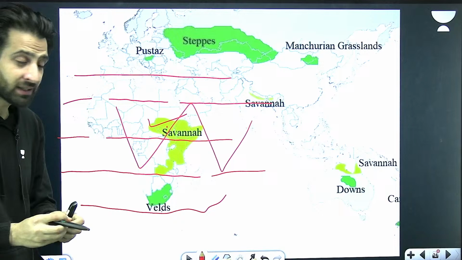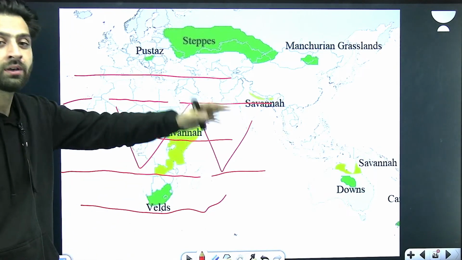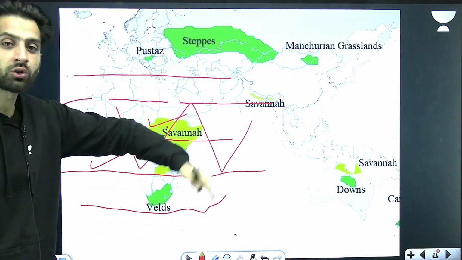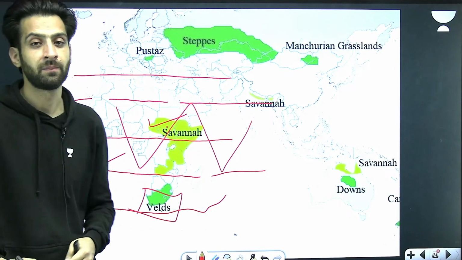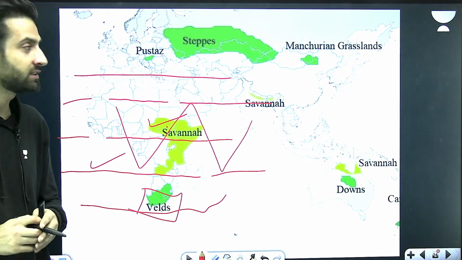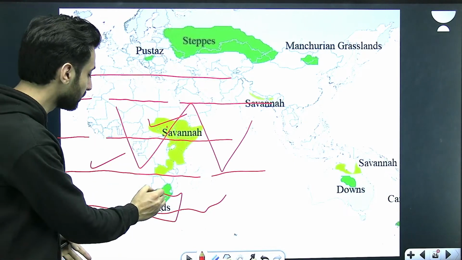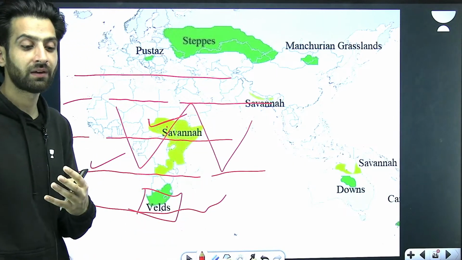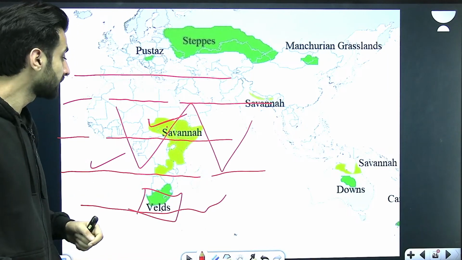And when we talk of the Velds, because it lies beyond the Tropic of Capricorn, the Tropic of Capricorn ends here, the Velds is a temperate grassland. Is it clear between the tropical grassland and the temperate grassland? Now, it is along many countries, but Velds is mostly located in South Africa. Savannas are present in many countries of Africa, but Velds you will find in South Africa only.